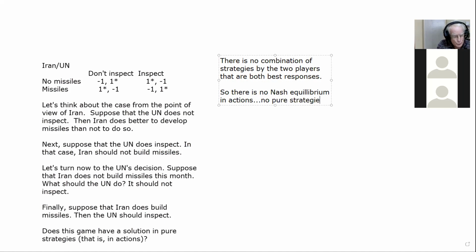No pure strategies can solve the game. Why is that the case? Why was it so easy for us to find solutions to the other two games, but not to this game?